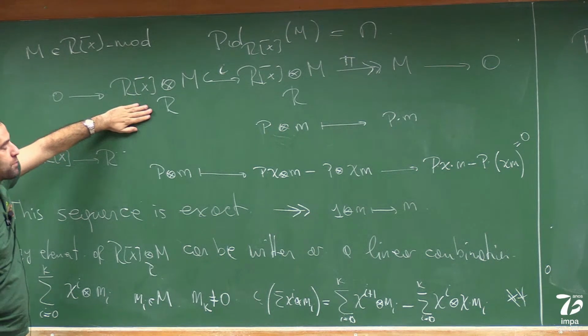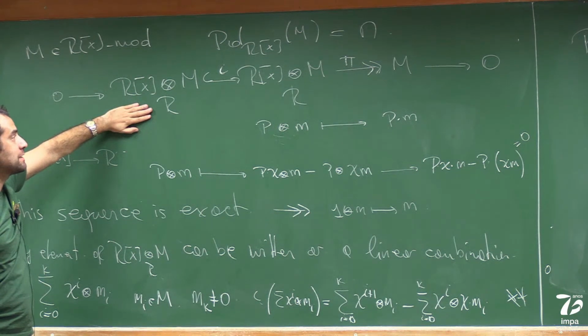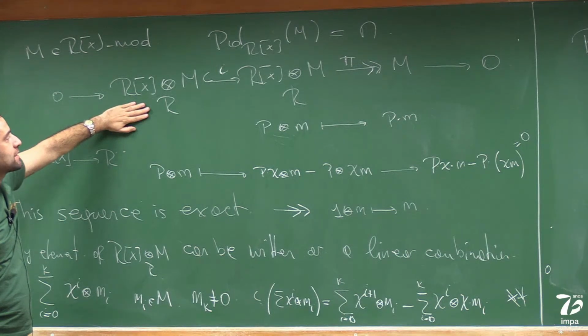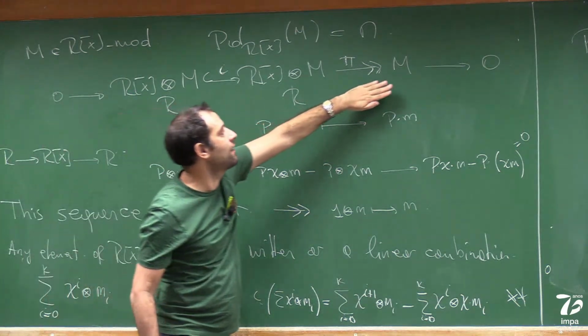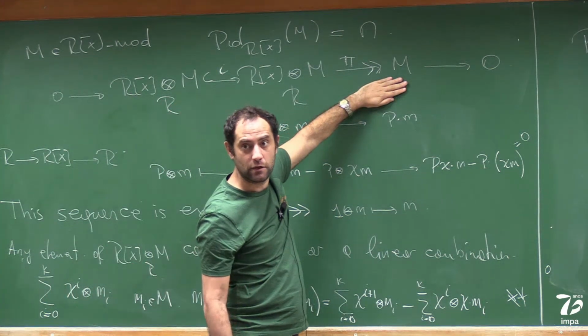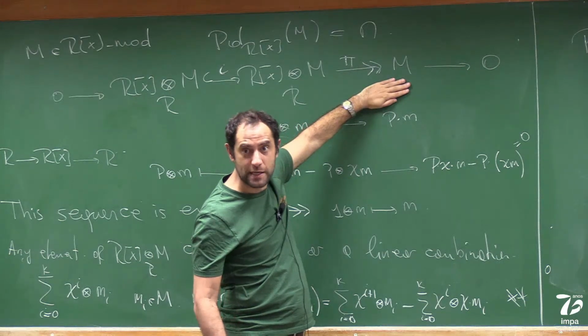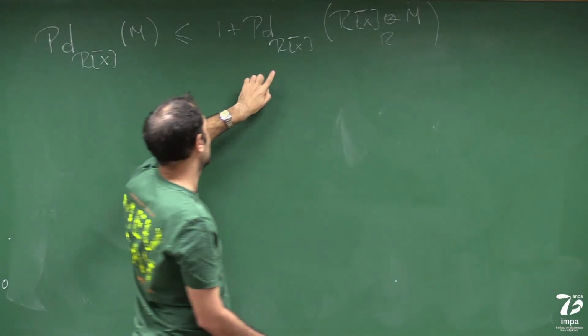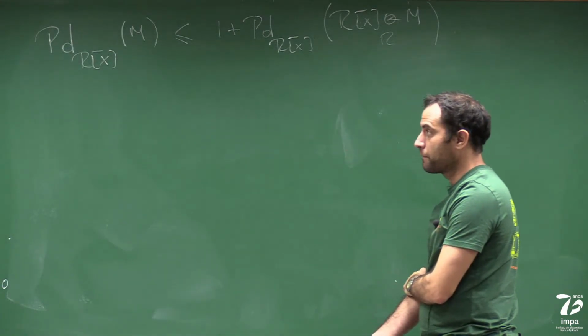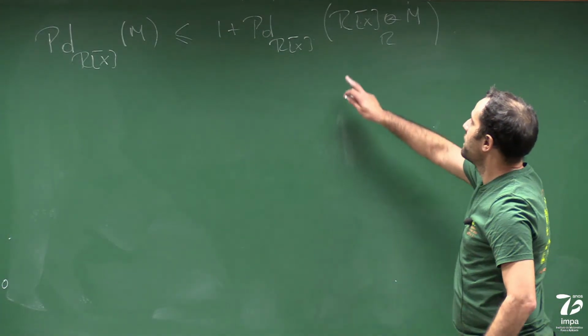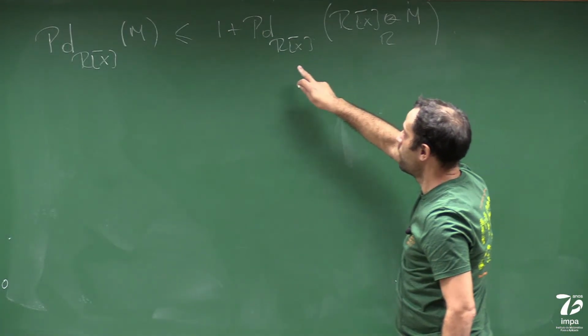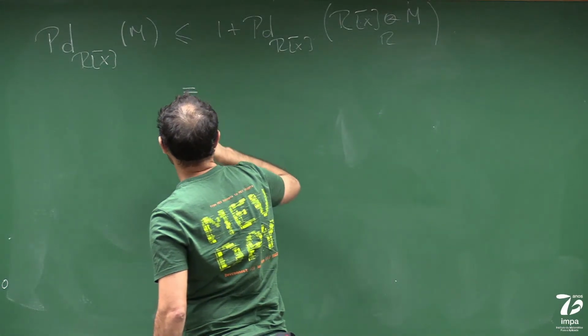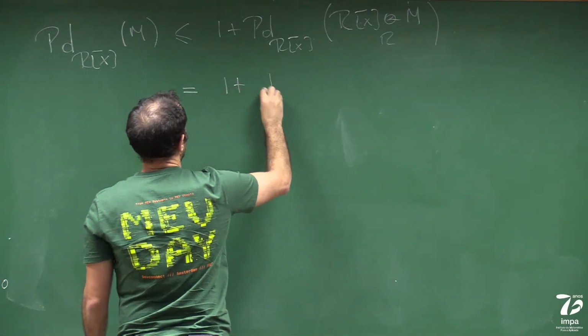So if this guy has projective dimension n, it means that after n those Ext groups are 0, and this means that after n plus 1, the Ext groups of these guys are going to be 0. Therefore, the projective dimension of this guy is less or equal than n plus 1. So that's this condition that we keep applying all the time. Okay, but now we just got that this is the same thing as 1 plus the projective dimension.